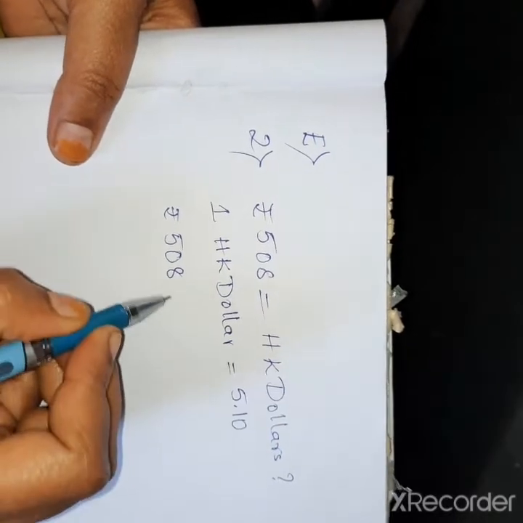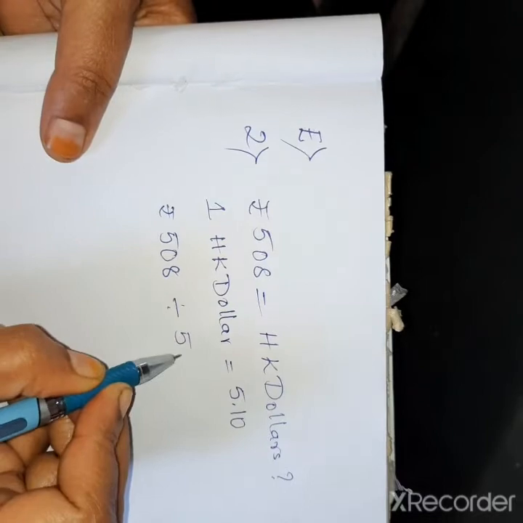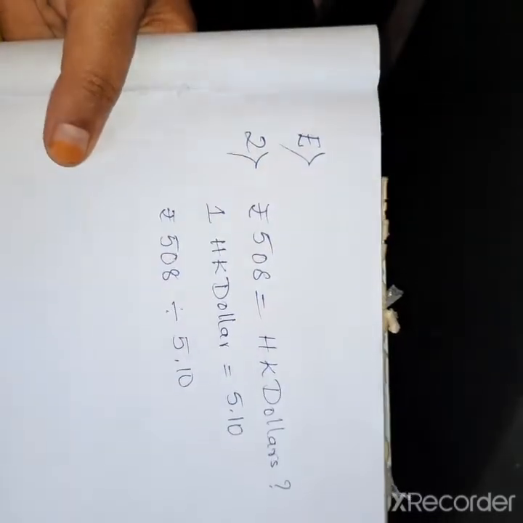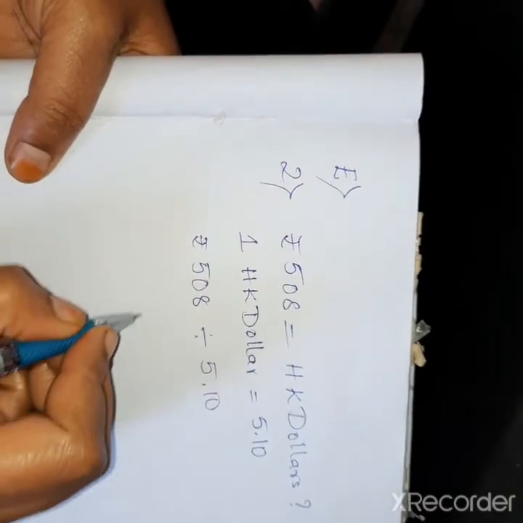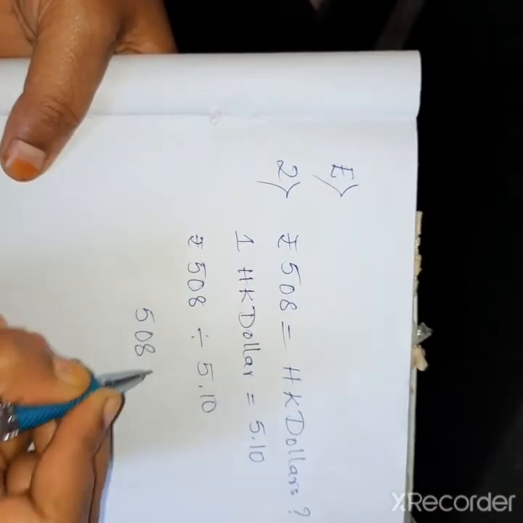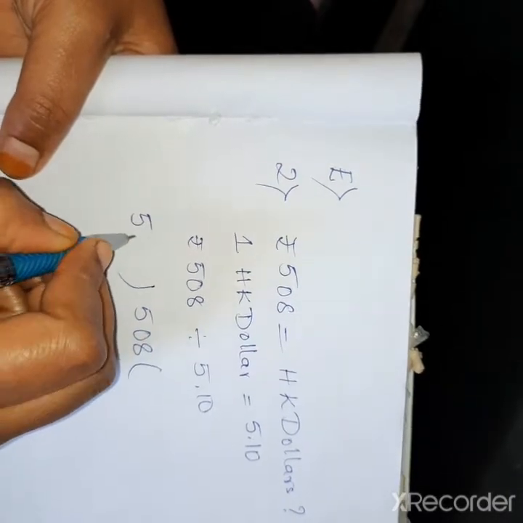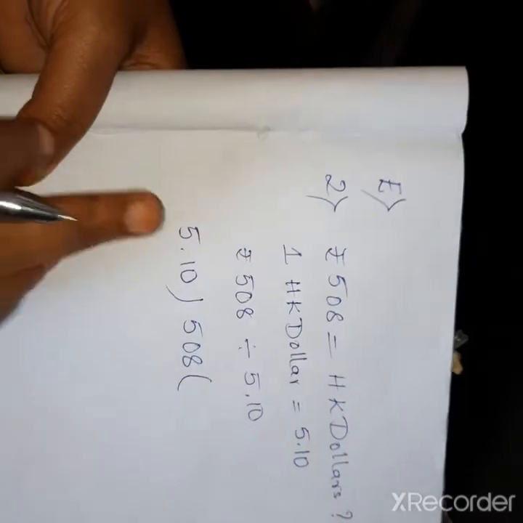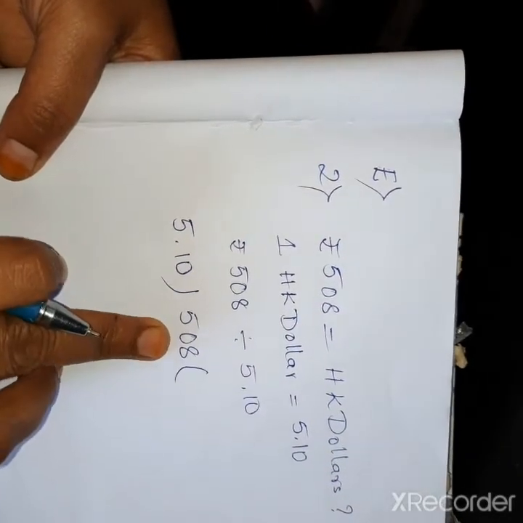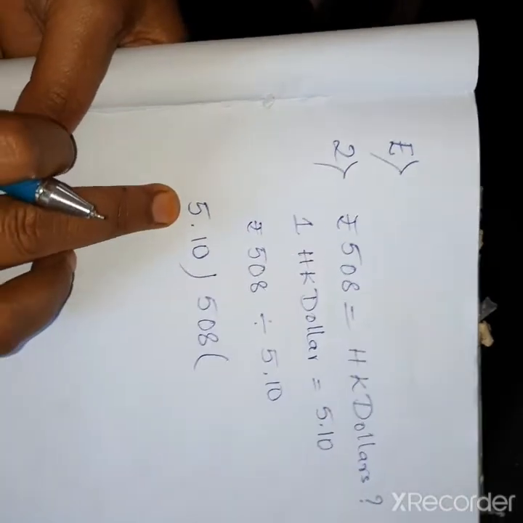For that, we have to divide this by 5 rupees 10 paisa. Okay, so this is the dividend, 508 rupees. 5 rupees 10 paisa is the divisor. As I already told you, this is not a regular division because here the dividend is a whole number and the divisor is a decimal.